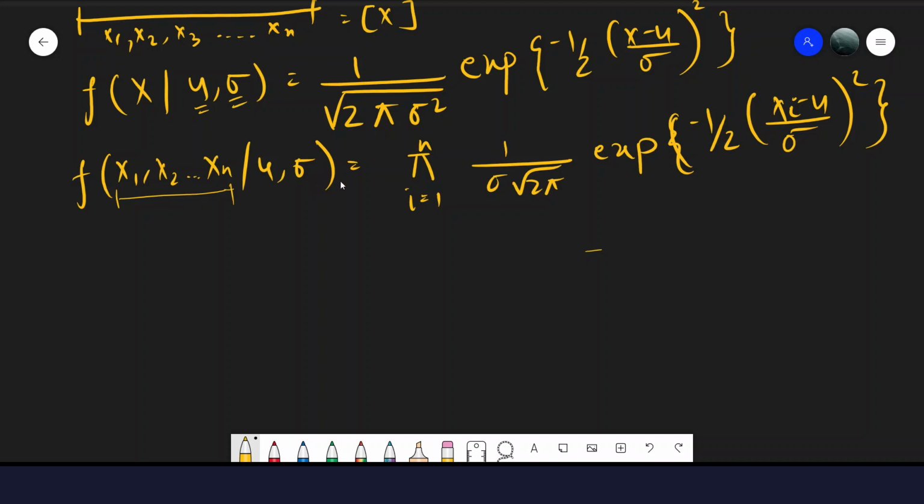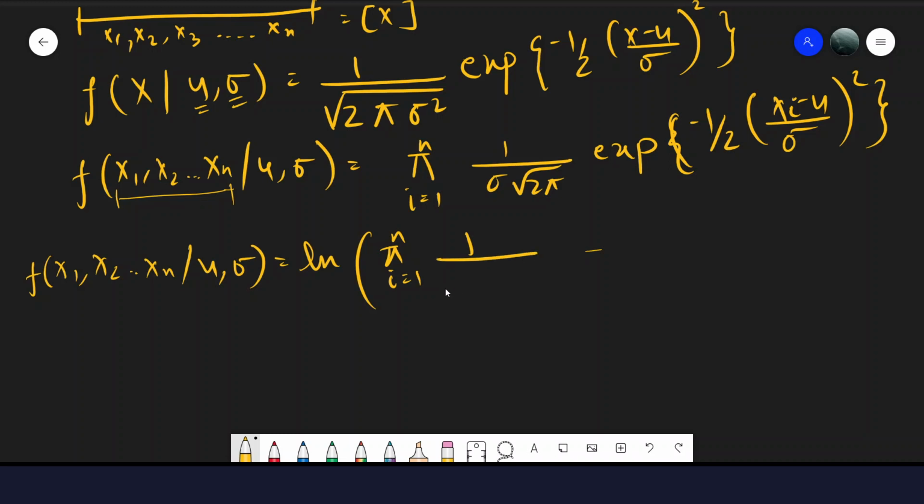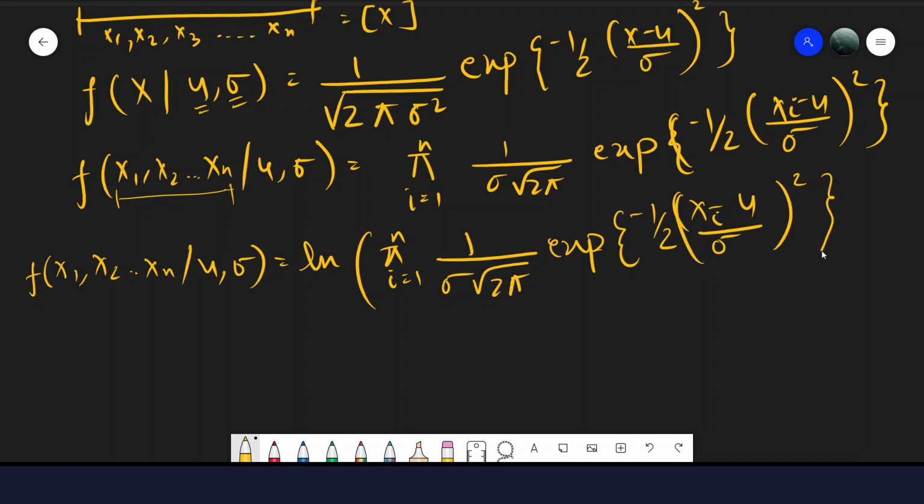It's very cumbersome. So I take the log just to make the calculations a little easier. So I'll write this as the natural logarithm of the product over i equals 1 to n of 1 by sigma under root 2 pi exp of minus half xi minus mu by sigma the whole square. I've taken the natural logarithm of it.